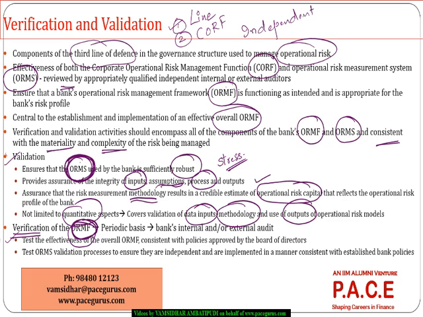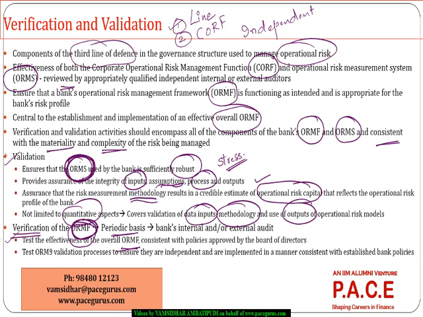In verification, we are verifying the framework on a periodic basis. The verification happens either through an internal audit or an external audit. So for a few periods, there could be an internal audit followed by an external audit at a higher frequency kind of period. They test the effectiveness of the entire framework and look at how consistent it is with respect to the policies set by the board of directors and the senior management of the firm.